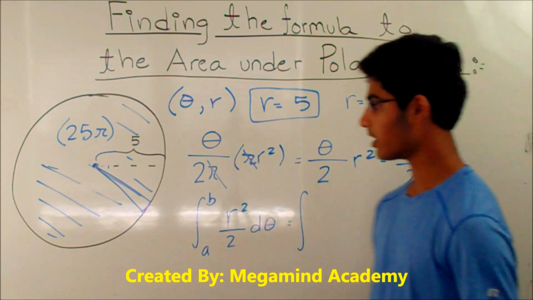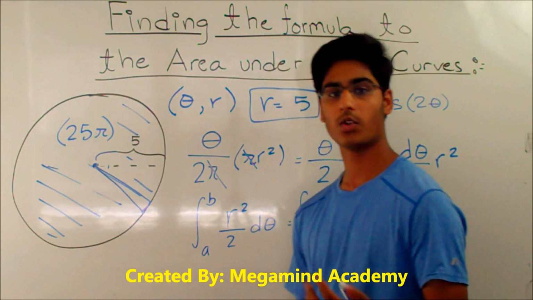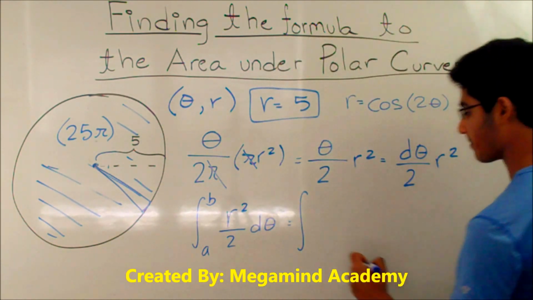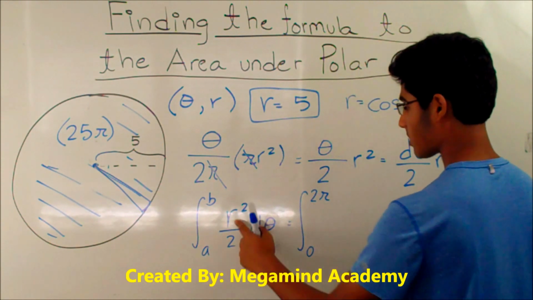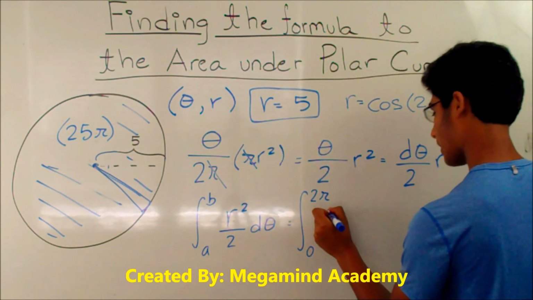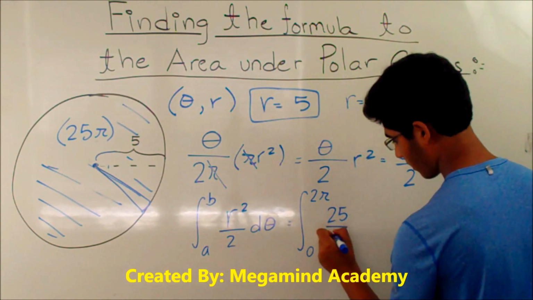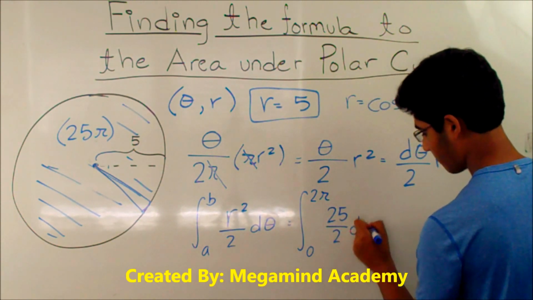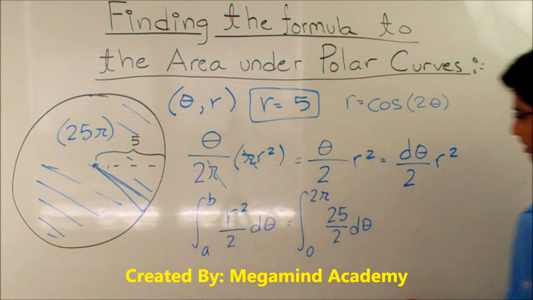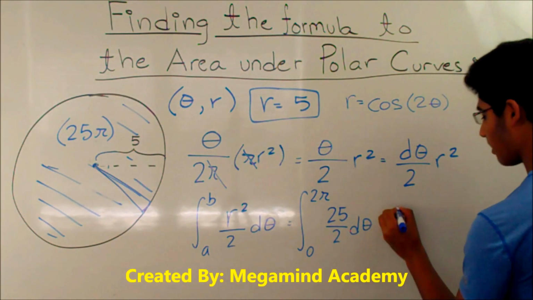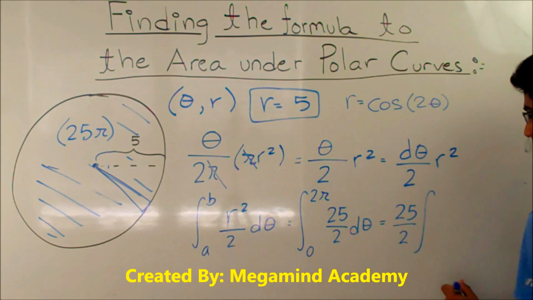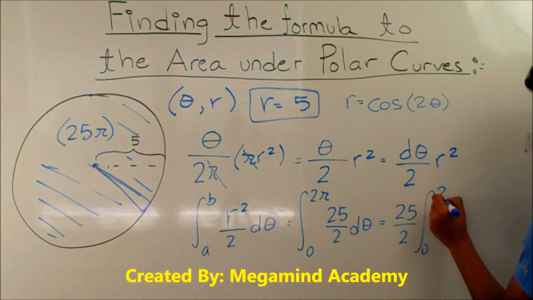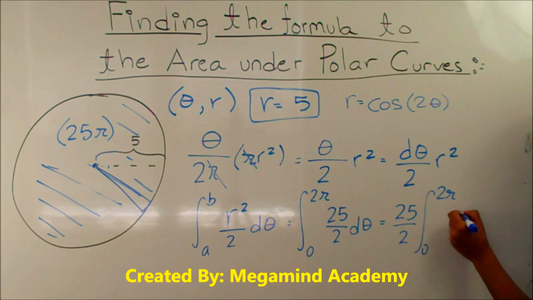Well, we know the circle is just one full rotation, which is 0 to 2 pi radians. So 0 to 2 pi of r squared, or 5 squared, which is 25 over 2 d theta. So this can be rewritten as 25 over 2 times the integral from 0 to 2 pi of d theta.